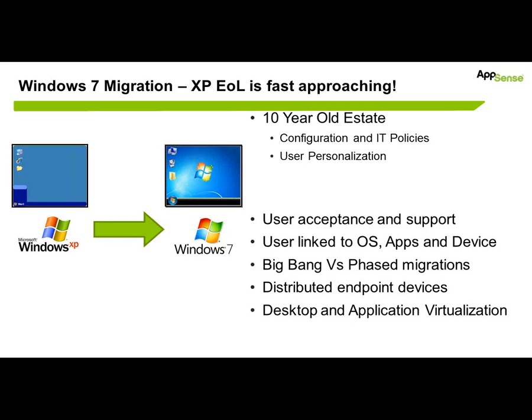There's things that may have been missed, and so especially when we consider application upgrades as part of a Windows 7 migration, so moving from Office maybe 2003 to the latest version of Office, if we don't retain a lot of the user's information that they've put into those applications over their several years of XP that enables them to work more efficiently at the speed of thought, things such as custom dictionaries, templates, the way the toolbars look and feel, etc., then that requires a big level of post-migration support, training for users.